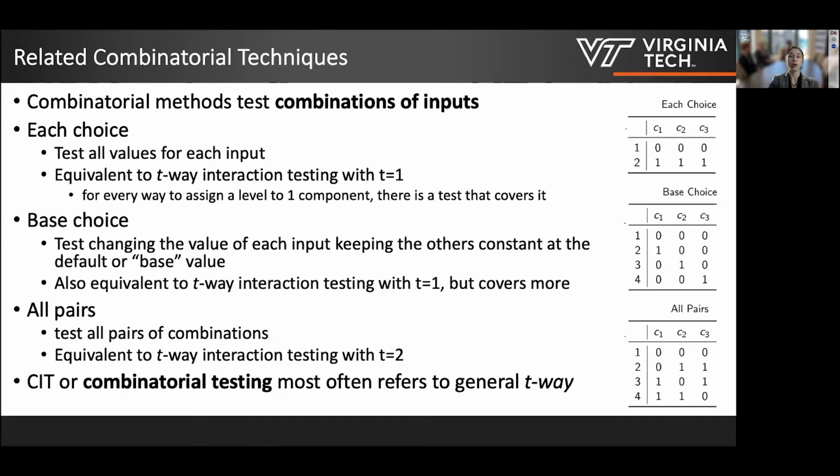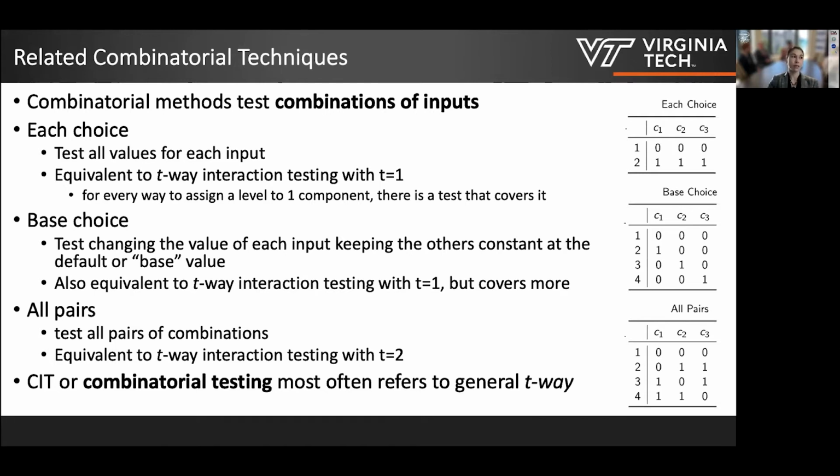So in the examples to the right, I'm assuming I have 3 components or 3 factors. And each of those factors has 2 levels, 0 and 1. And so the top array would be a test suite where I'm testing each level or each choice for each of the factors. So again, factor 1 gets seen at level 0 and 1, factor 2 at 0 and 1, and factor 3 at 0 and 1.